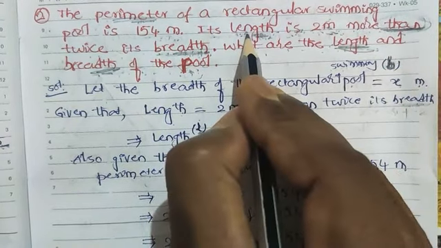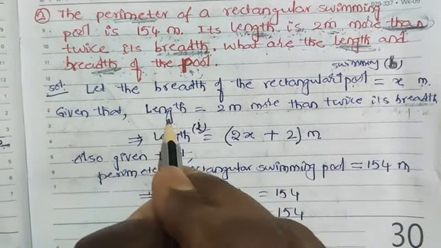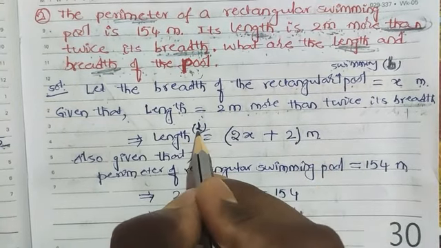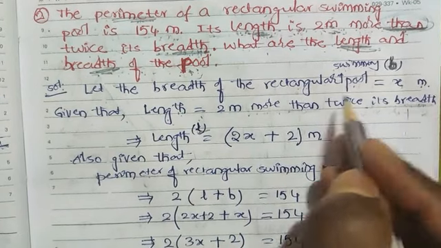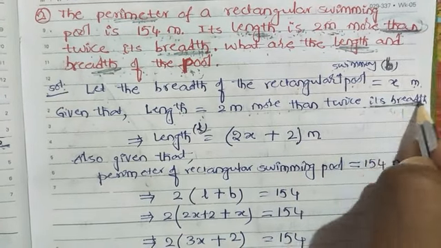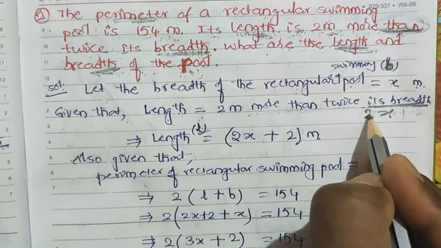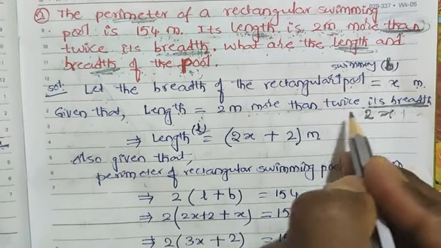Now from this line, length is 2 meter more than twice its breadth. Length is represented by small l. We will come from back to front. Its breadth is represented by x. Twice means 2 times x, 2 into x. 2 times breadth means 2x.